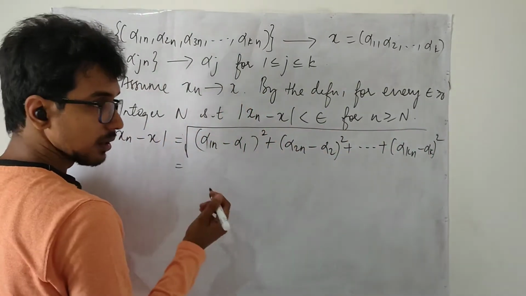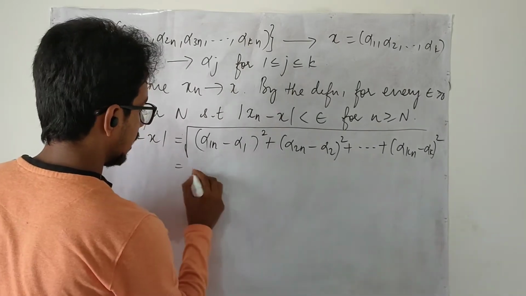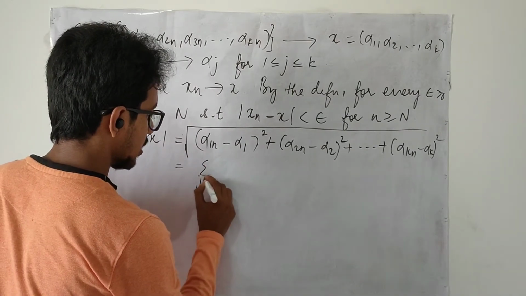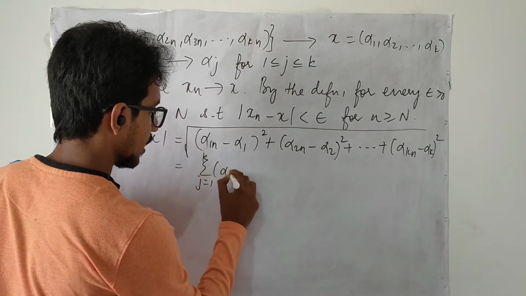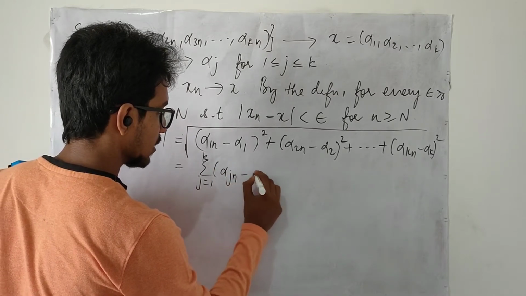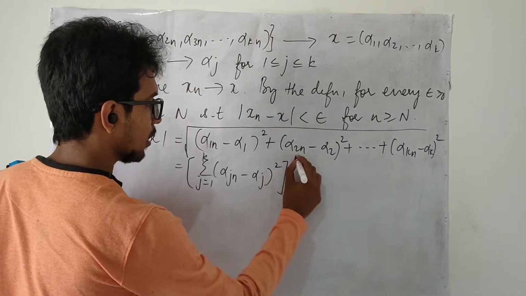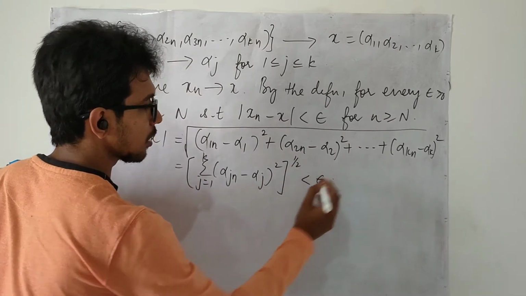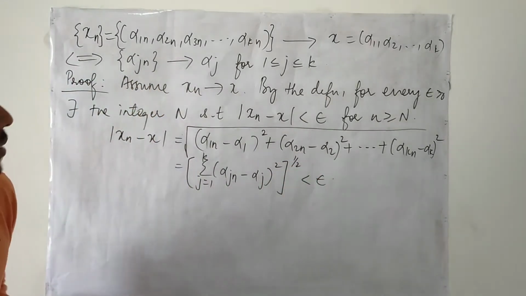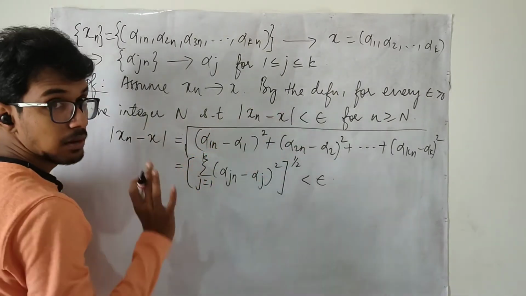This may be written in a simpler notation: summation j runs from 1 to k, alpha jn minus alpha j whole square, to the whole power 1 upon 2, which is less than epsilon. This is what we mean by this statement.